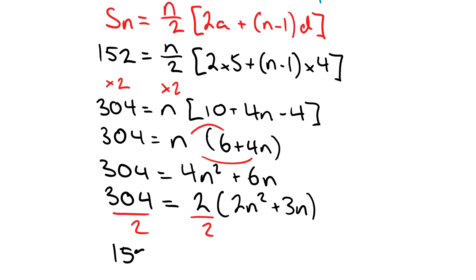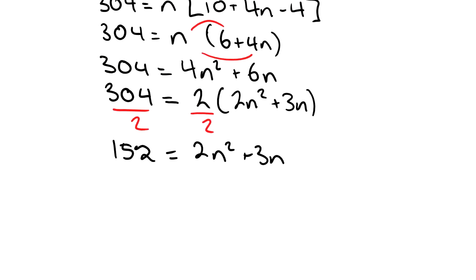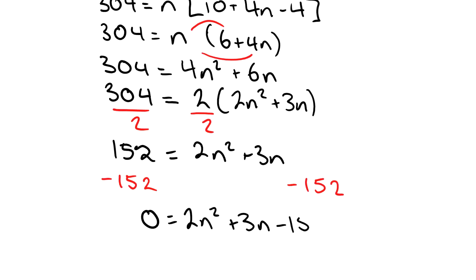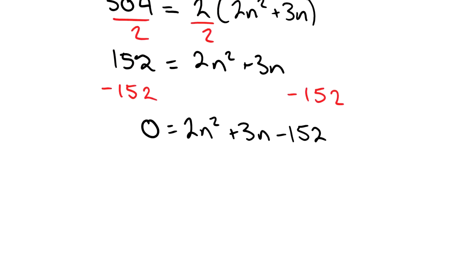So we go back down to 152 equals 2n squared plus 3n. Let's bring this over here. And we have a quadratic.